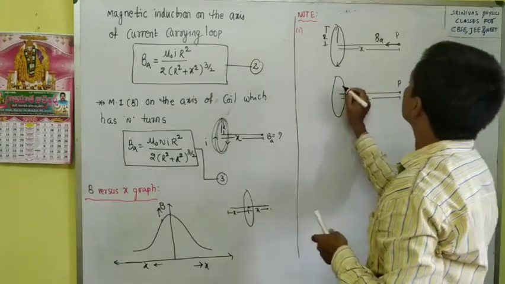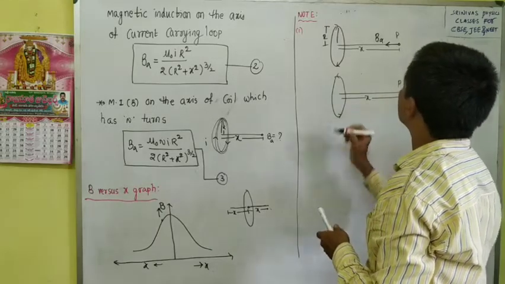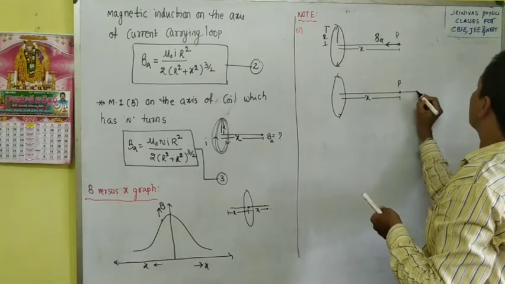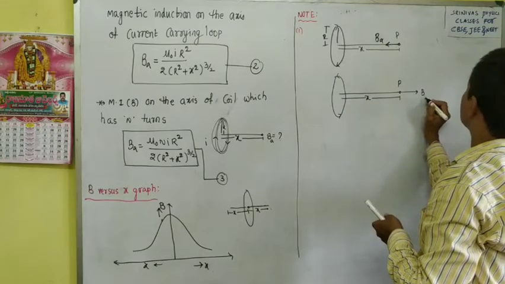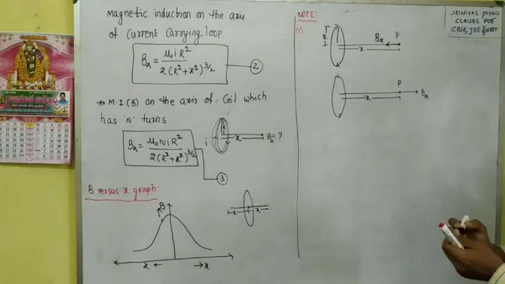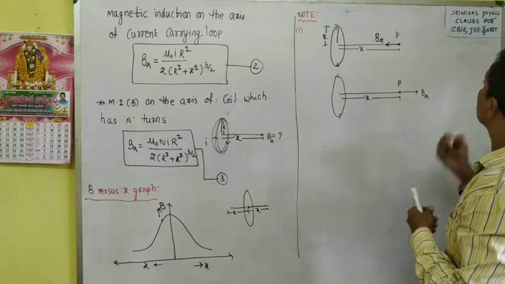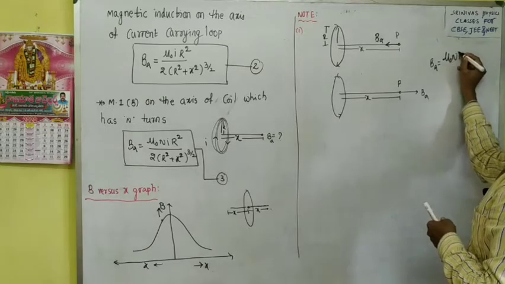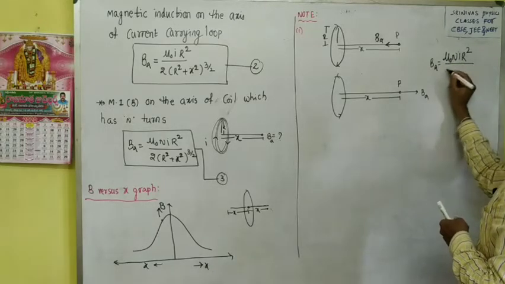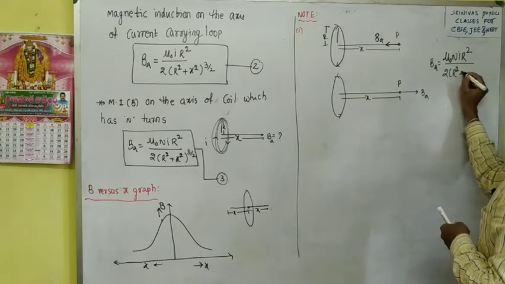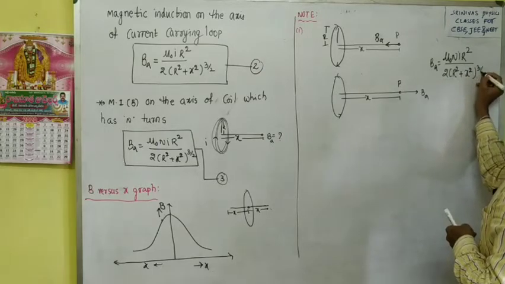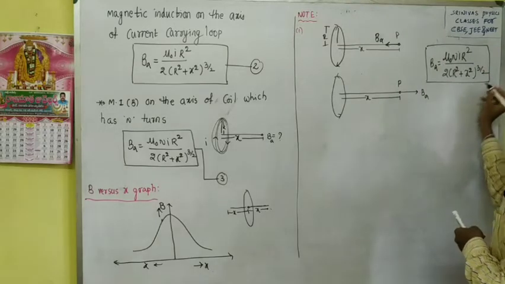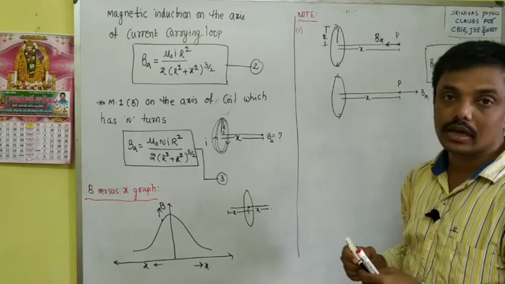If the current is like this, at that moment the field direction will be outward. Field direction will be outward. And now the field formula is what? The field formula we already derived: mu naught N I r square by 2 of (r square plus x square) whole power 3 by 2. This is how to find the direction by using the right hand rule.